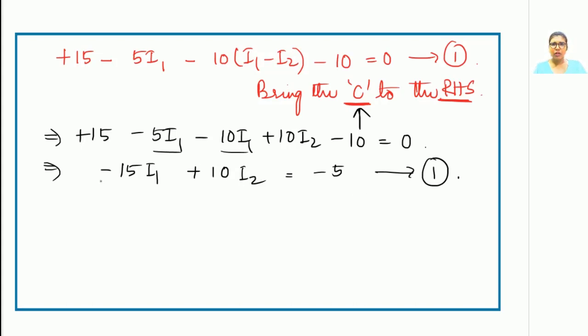I have kept this minus sign along with the term I1, and I have also kept the minus sign with the constant. It does not make any difference, because eventually you have the liberty to use your calculators in your examinations. I'm talking about your annual examinations or the university examinations. Whereas for the GATE level examinations, you will be given a virtual calculator.